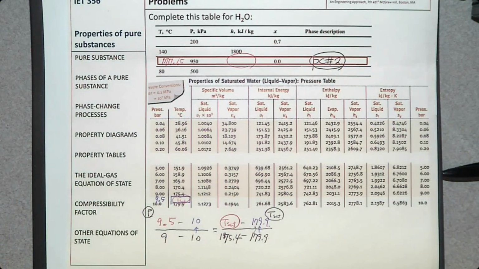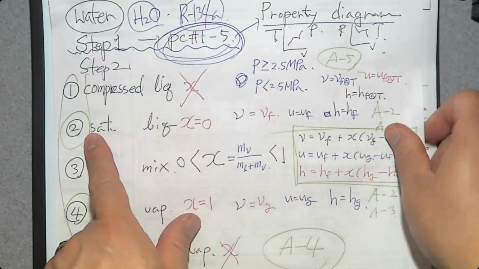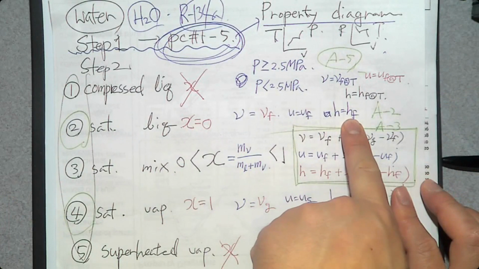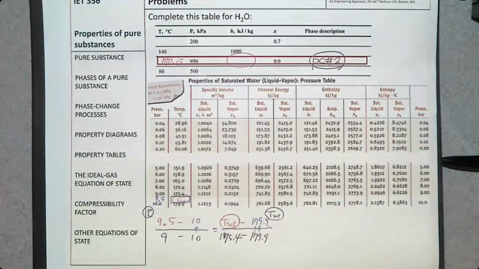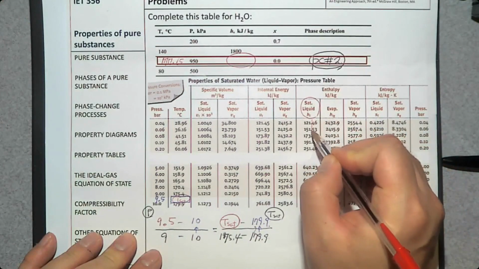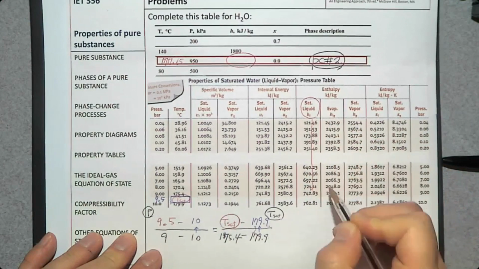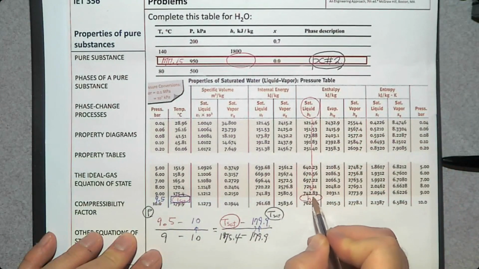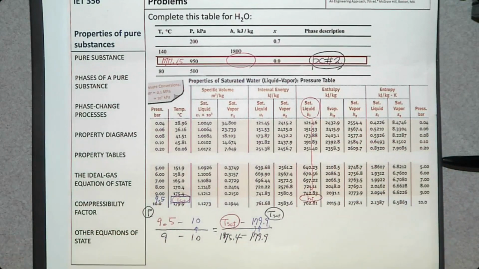If you have saturated liquid, how do you determine h? h is going to be hf. So there is an hf. So what is hf at 9.5? This one, hf. So how can you find this hf?